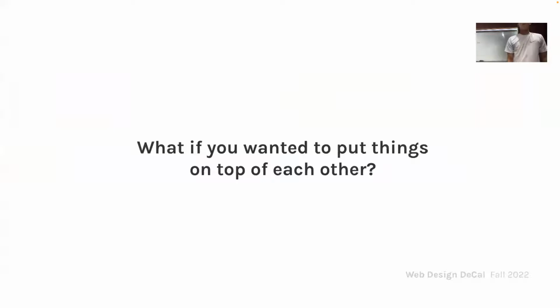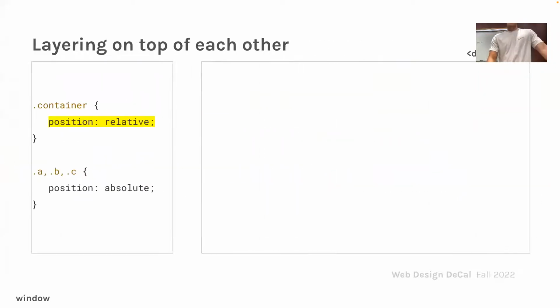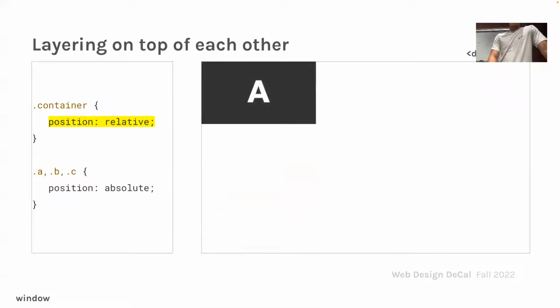Yeah, so if you wanted to put things on top of each other for some reason, you can also do position absolute to multiple elements. So here we still have the container position relative, and say we want to have all 3 of these be right on top of each other. That's where you can put position absolute in the CSS selector for A, B, and C. Yeah, so that basically layers stuff on top of each other.